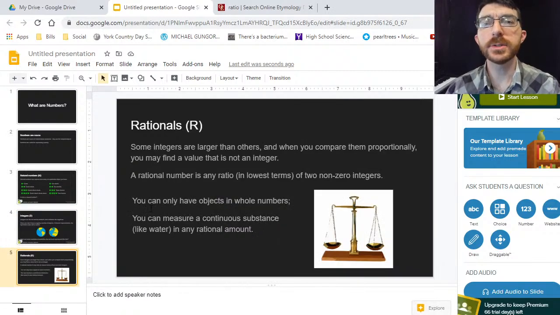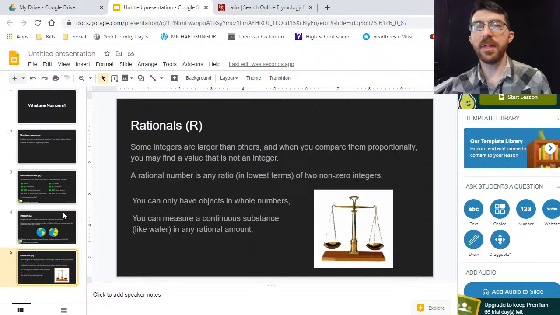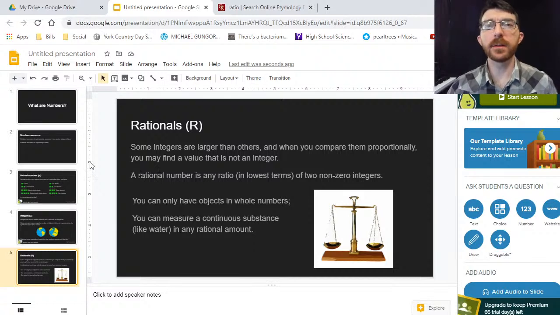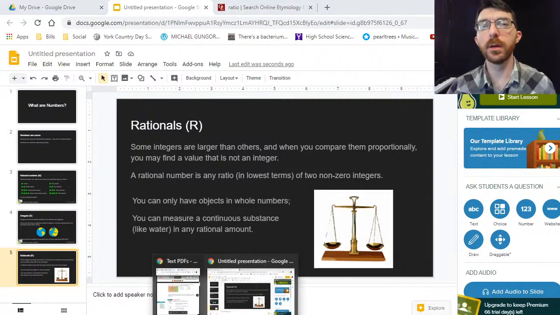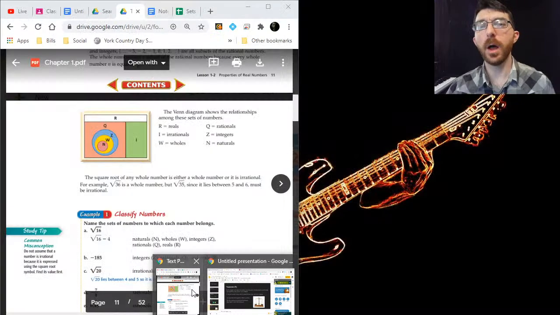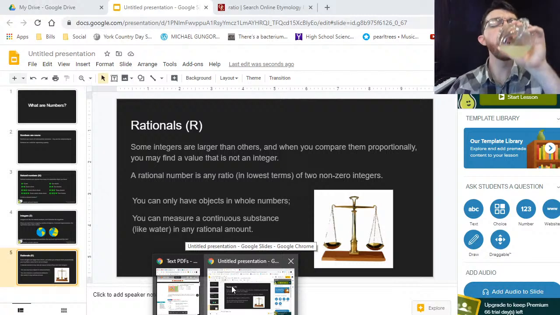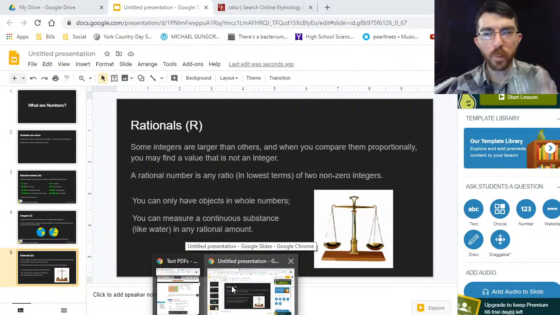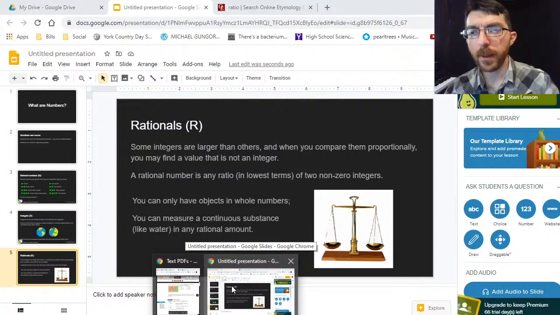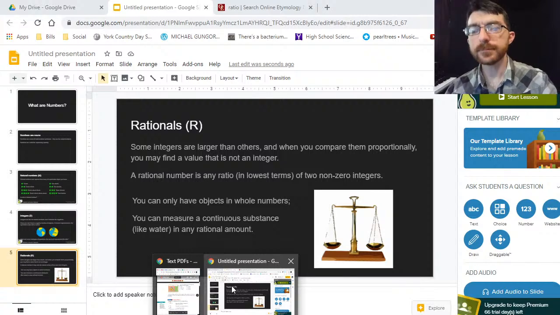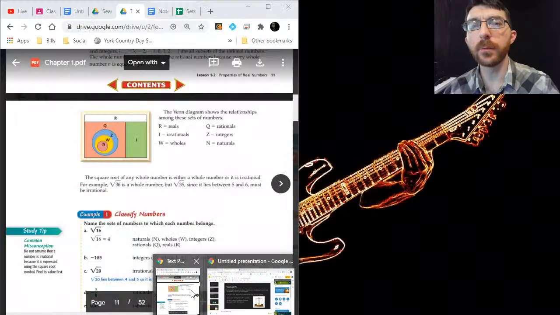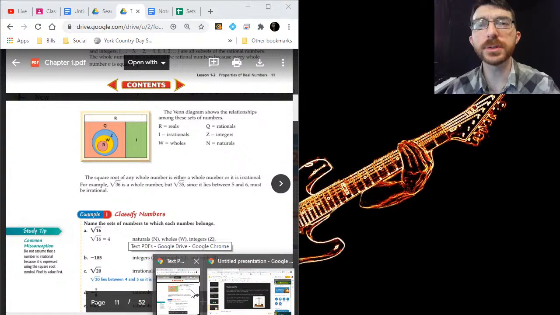Okay, so rationals. I think this might be getting a bit abstract for examples. Okay, hold on a sec. All right, we'll do that going in reverse, after rationals.